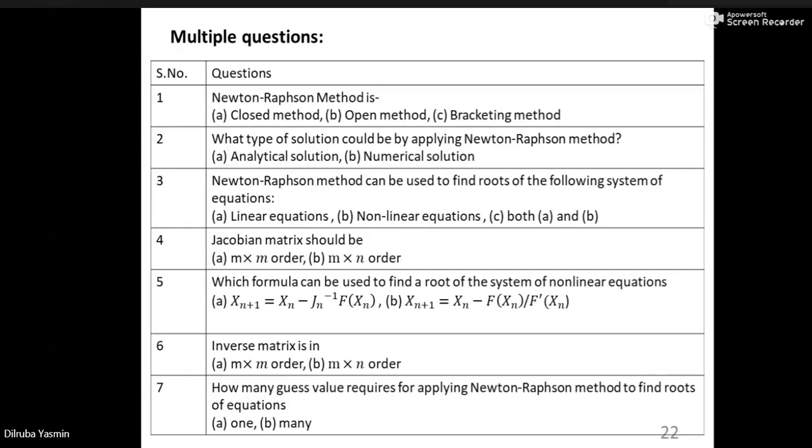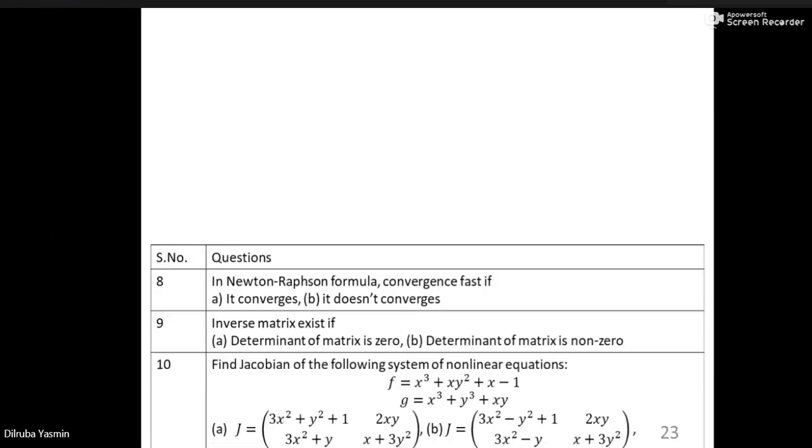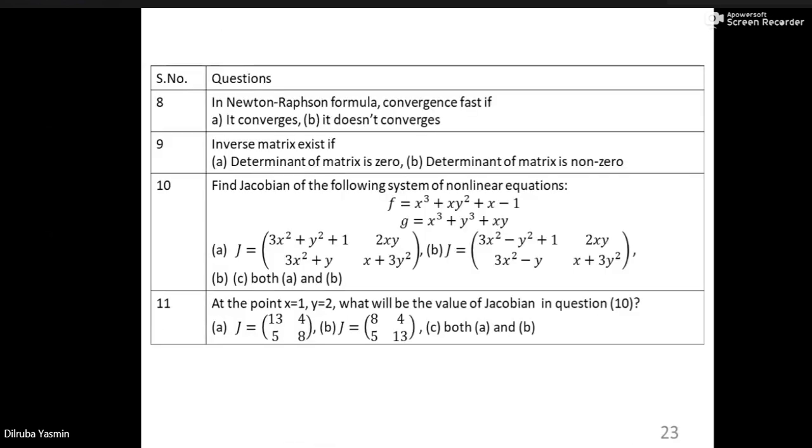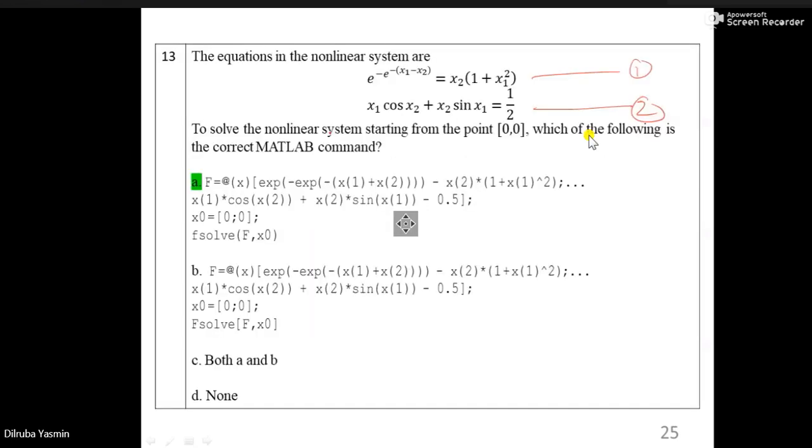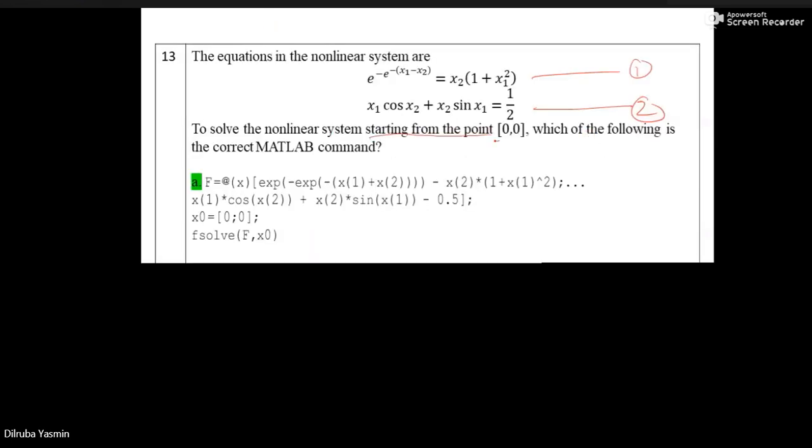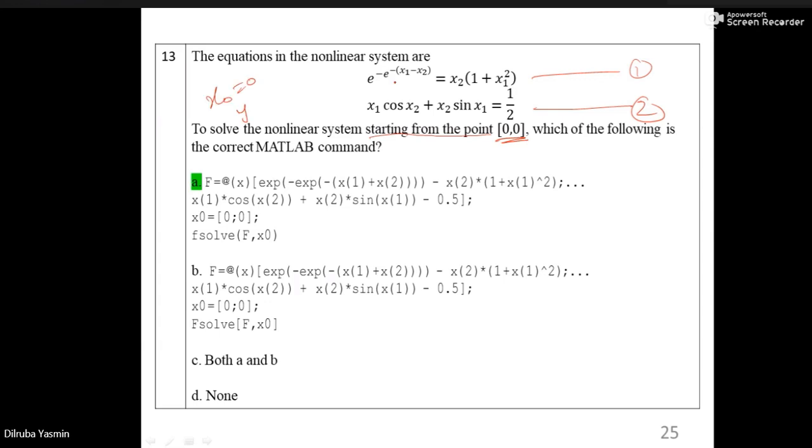I already discussed with you what type of questions could arise from each lecture topic. Suppose the Newton-Raphson formula converges, that means x naught equal to 0. So how about the variables here? x1 and x2, right? So you have to consider x1 equal to 0, and y1 equal to 0.